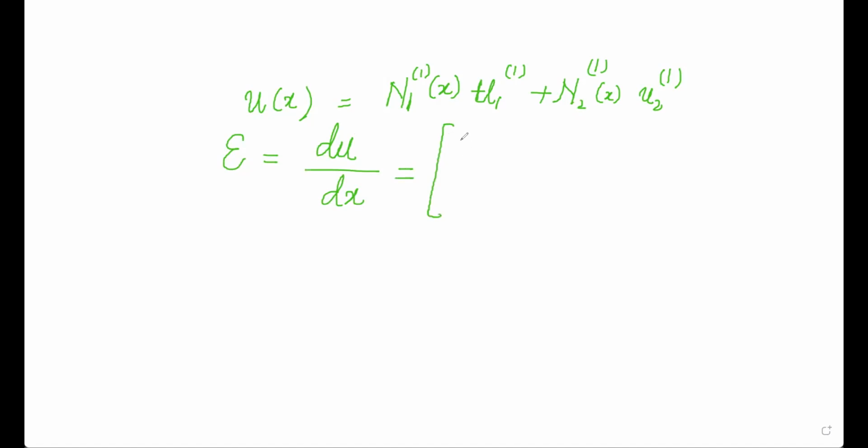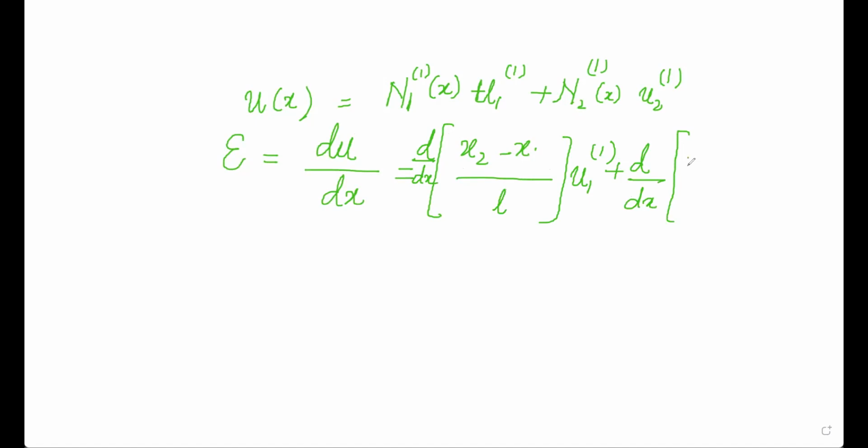What is N1 equal to? X2 minus x divided by L, the length of the element. That is d by dx into u1 for element 1, plus d by dx of N2, that is x minus x1 divided by L, into u2 for element 1.